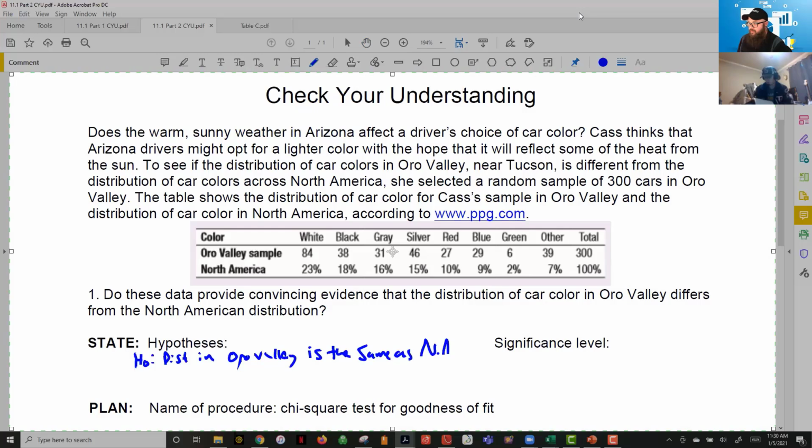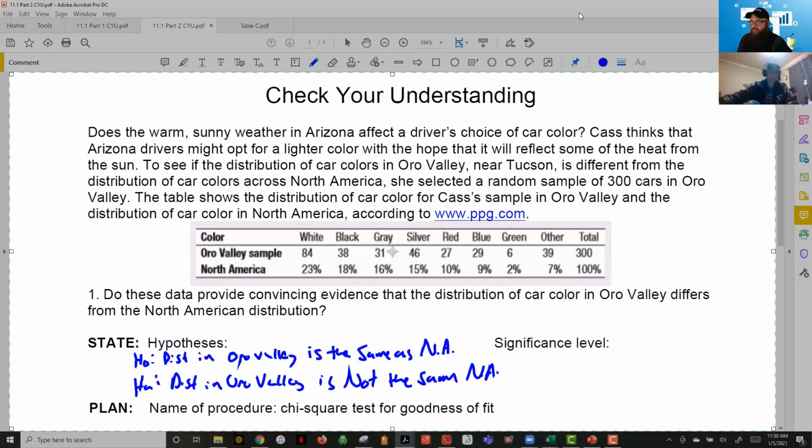Let's put NA there for North America. For your alternative, we're saying the distribution in this valley is not the same as North America, okay?